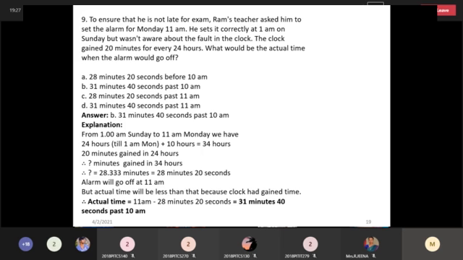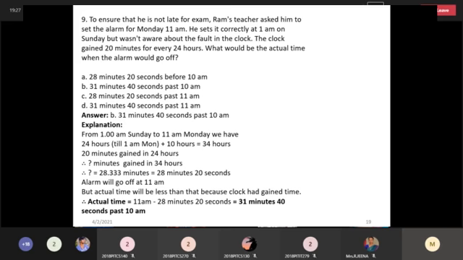That means 31 minutes 40 seconds past 10 a.m. So the actual time when the alarm would go off is 31 minutes 40 seconds past 10 a.m. So B is the right answer for this question.